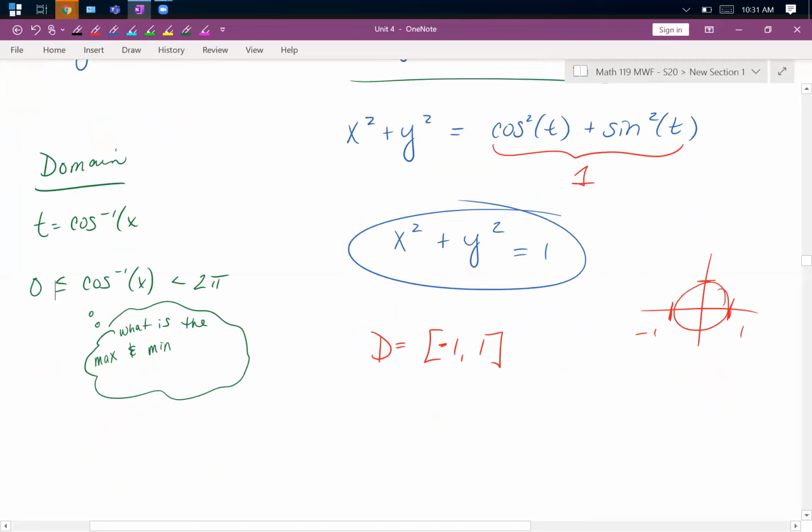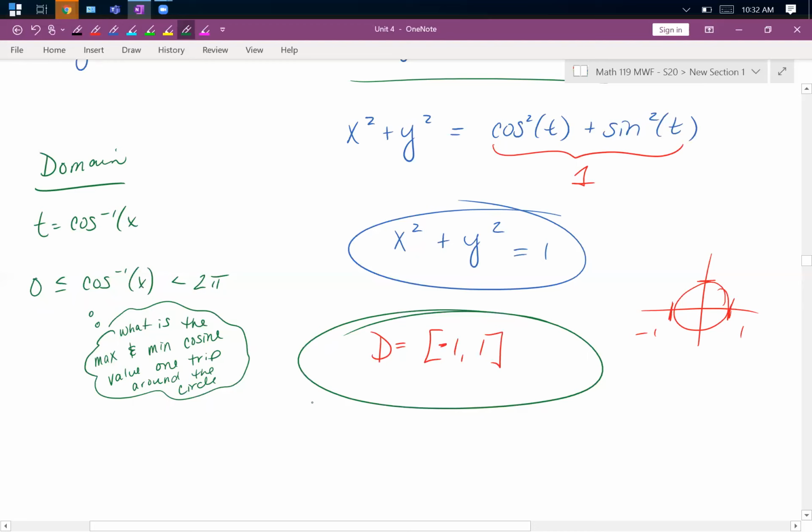So if inverse cosine is in between 0 and 2 pi, what is the max and min cosine value? One trip around the circle. And we know that that answer is -1 and +1. That's another way to think about it. But personally, I probably would have just drawn the circle and then said, hey, what's the domain of that circle? Questions, anybody?